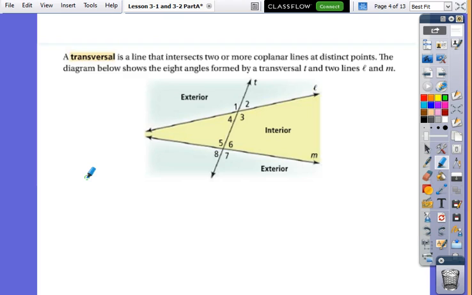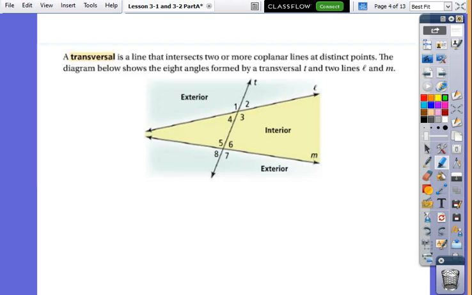And then we have this thing called the interior and the exterior. Interior is a word that means kind of like inside, and exterior kind of means like outside. Inside is all of the area in between the two lines that are not the transversal. Outside is all the area that is not in between the 2 lines that are not the transversal.